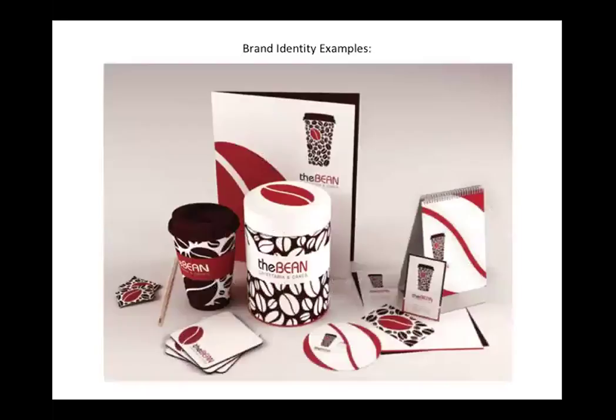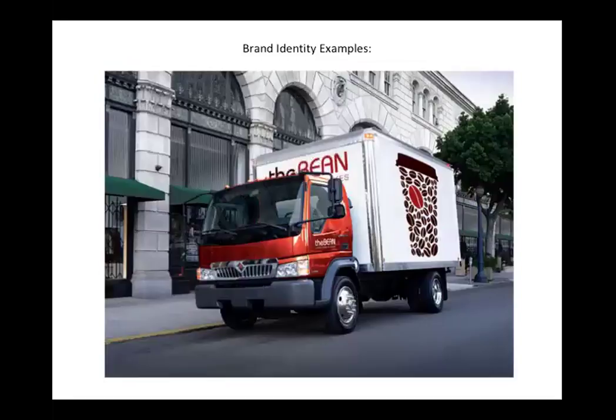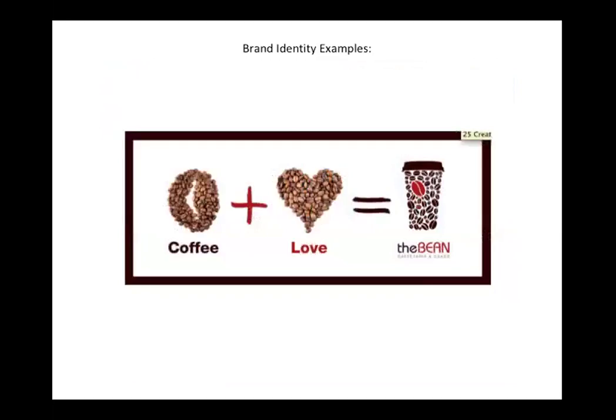It could be cups, notebooks, cup holders, sugar packets, packaging, business cards, stationery. So this is the brand identity system. It can also be applied to wraps on cars, trucks, signage, advertisements. So these are the brand identity pieces that form the overall brand.